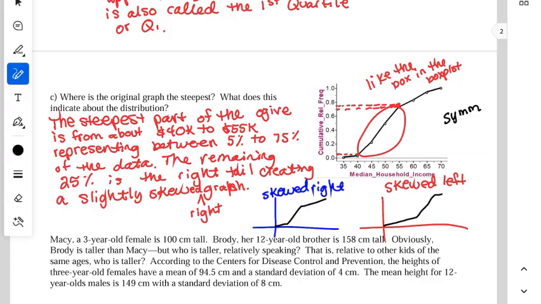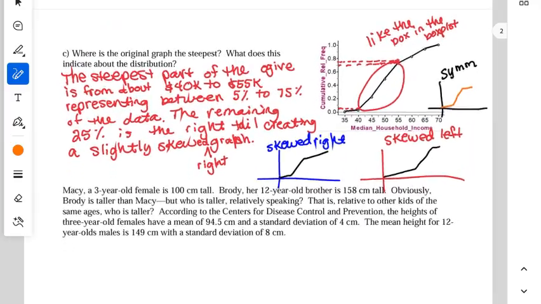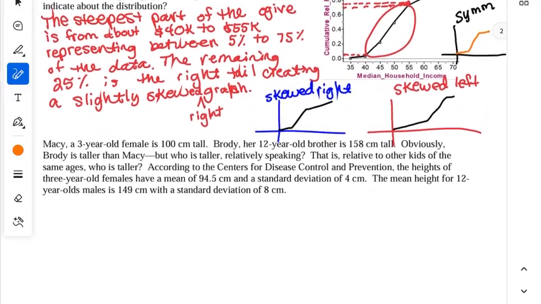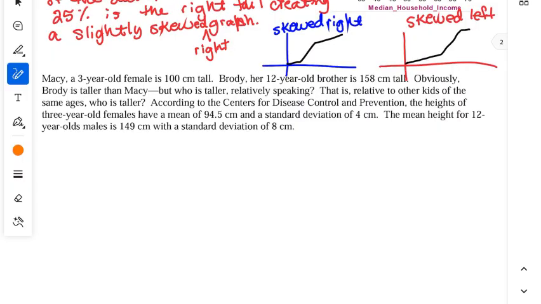So it's kind of reverse. And then symmetric, it'll look the same on both sides. So look, this, this, this. So it looks very symmetrical, where you have your steepness right in the middle, and then it's the same on both sides.